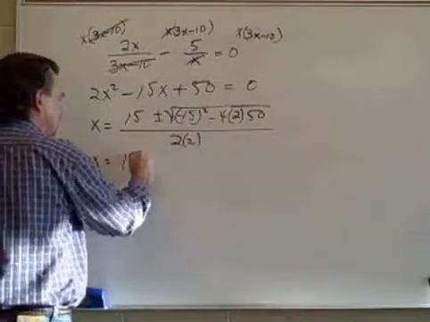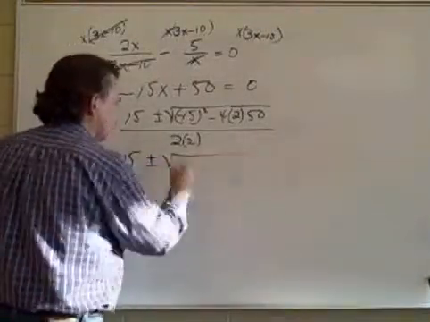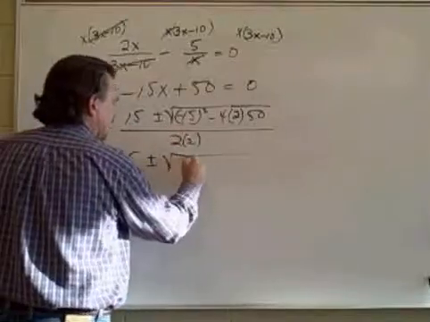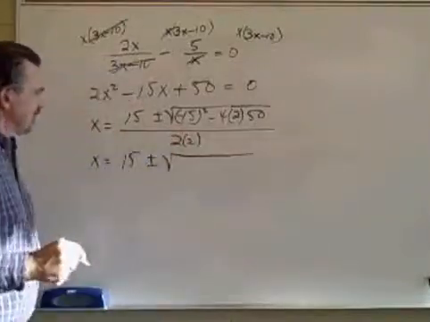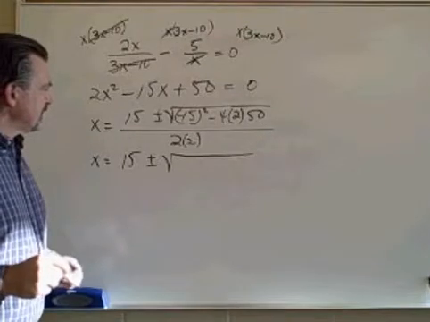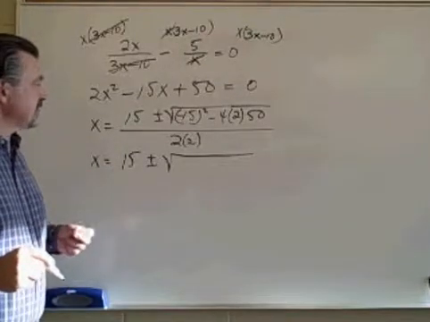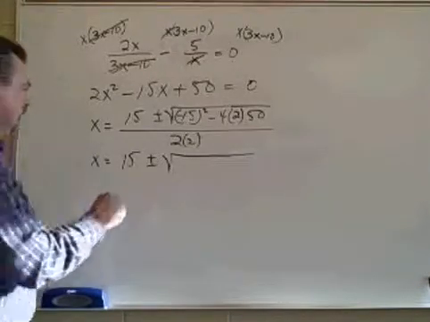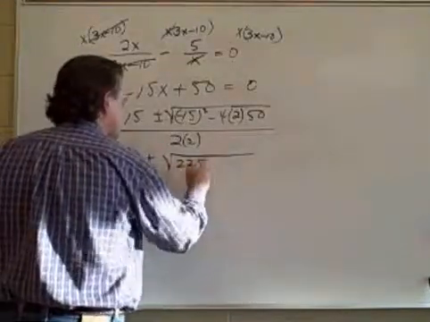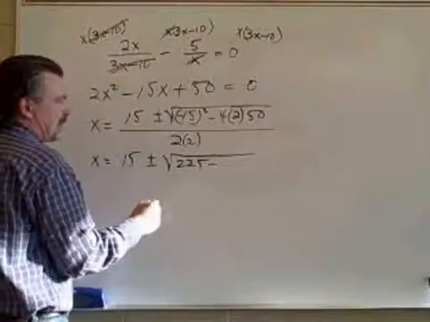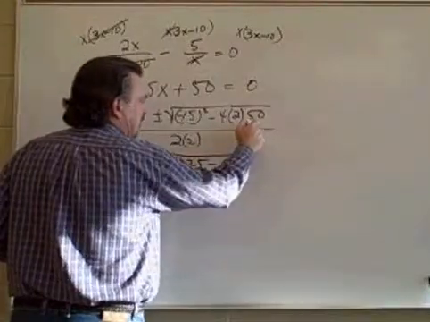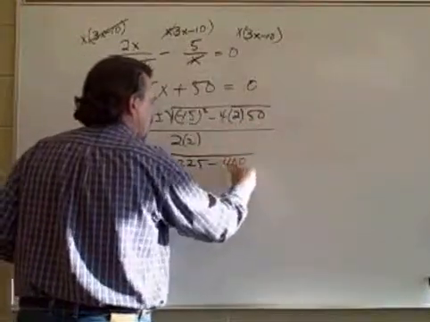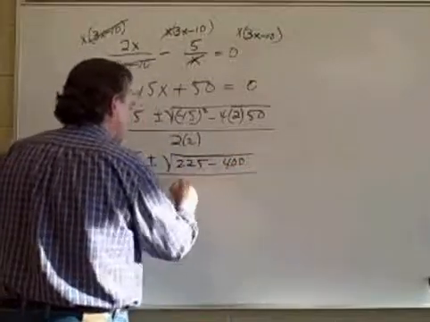So x equals 15 plus or minus the square root of the square of negative 15. And if I remember correctly, the square of negative 15, of course, that's the same as the square of positive 15. And 15 squared is 225. Yes. Looking at my paper just to double check. Minus 2 times 50 is 100. 100 times 4 is 400. All of that divided by 4.